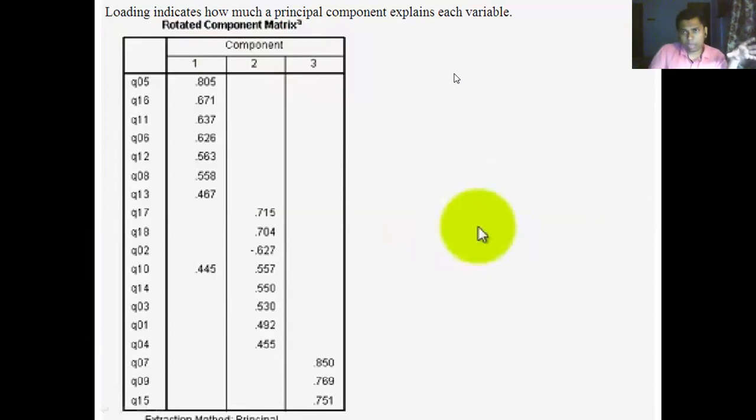So now, what is the drawback of this method that you need to think about? What is the drawback of this method?